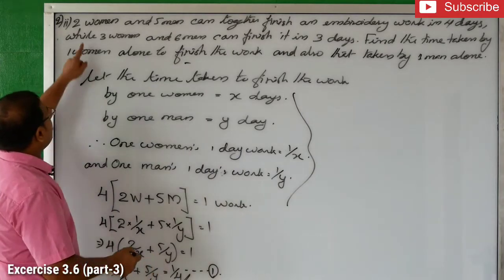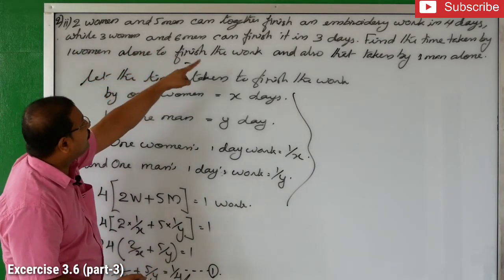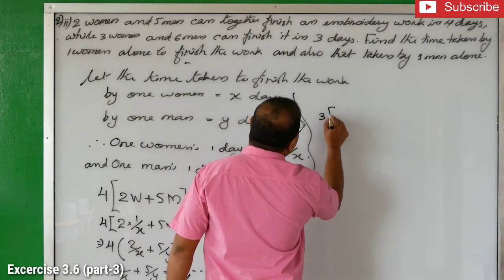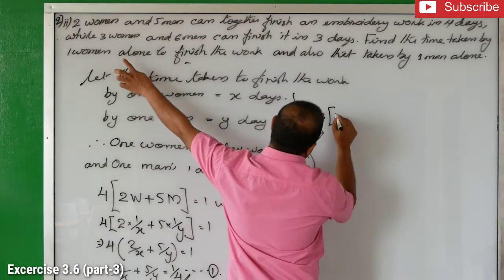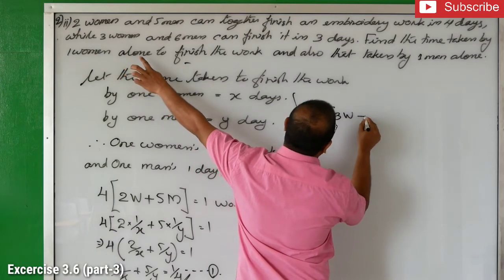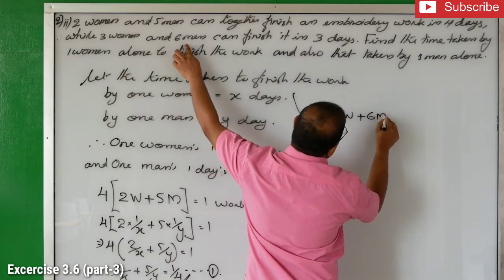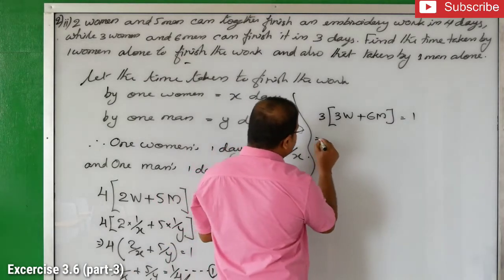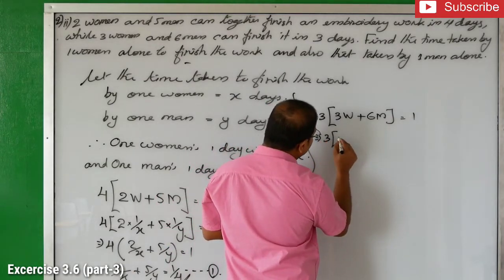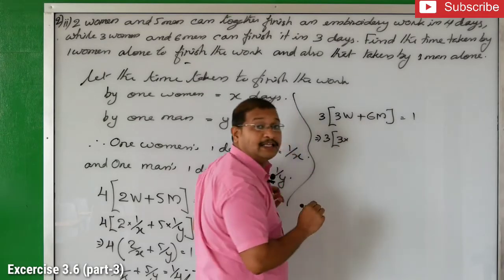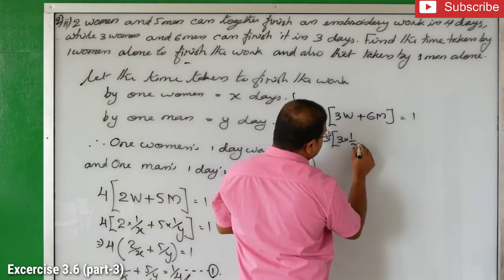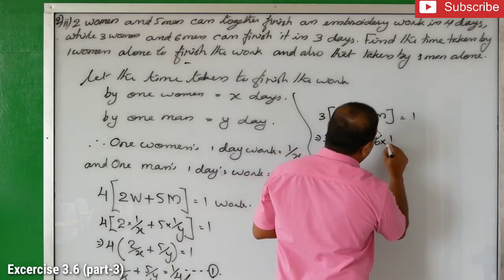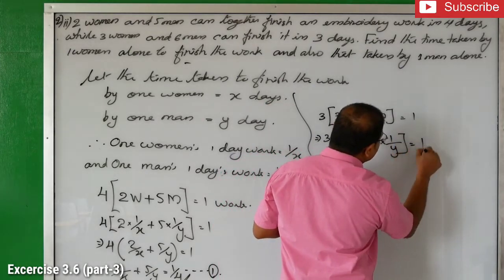See the balance of the question. 3 women and 6 men finish it in 3 days. So in 3 days, 3 women and 6 men can finish the 1 work. That means 3 into (woman's 1 day's work, 1 by x, plus 6 into man's 1 day's work, 1 by y) equals 1.